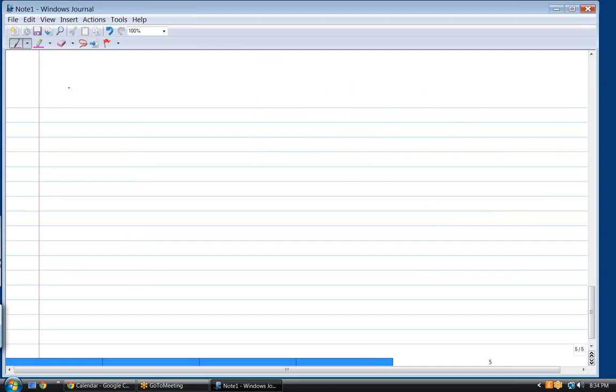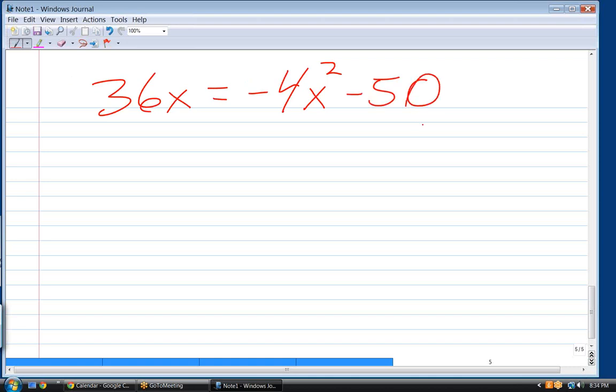Okay, the next one says solve 36x equals negative 4x squared minus 50. How are we going to do this?